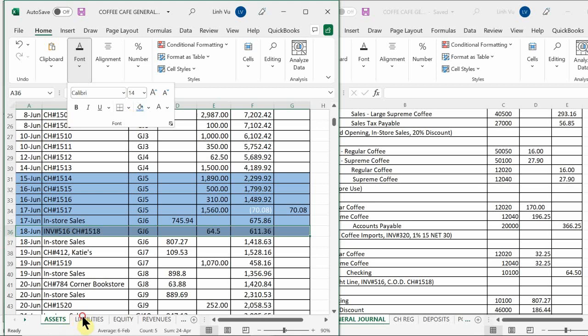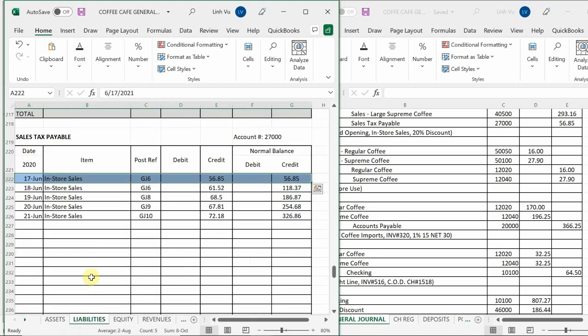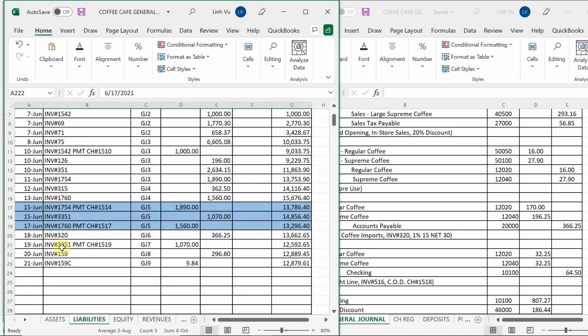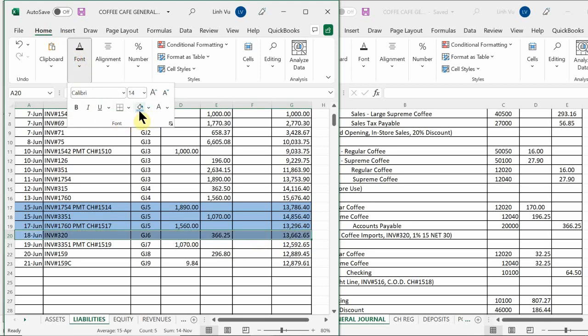And we had an accounts payable for the 366.25. Is that right? 366.25. Okay. That's there.